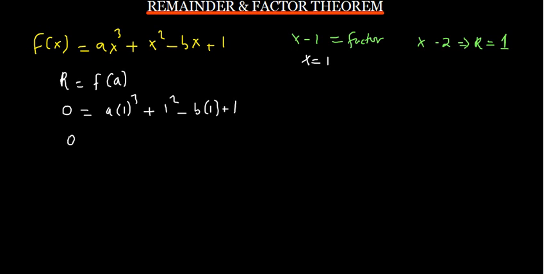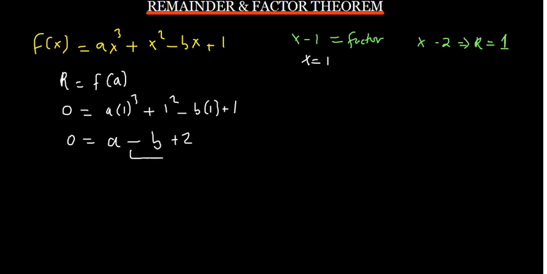So 0 is equal to a, since 1^3 is still 1, then minus b, then 1 squared is 1, and 1 plus 1 is 2. So I'll write this as an equation.